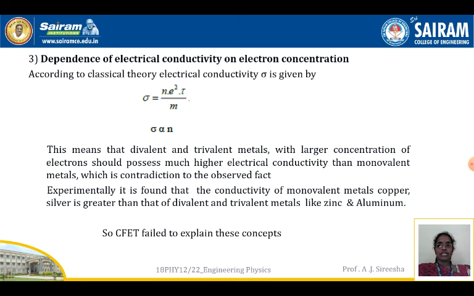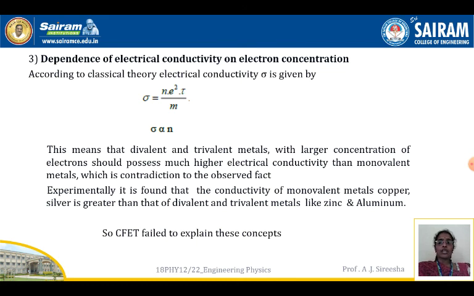Experimentally, it is found that the conductivity of monovalent metals like copper and silver is greater than that of divalent and trivalent metals like zinc and aluminium.